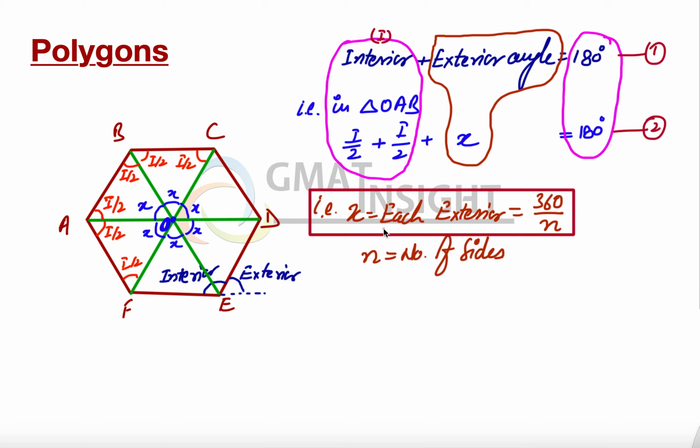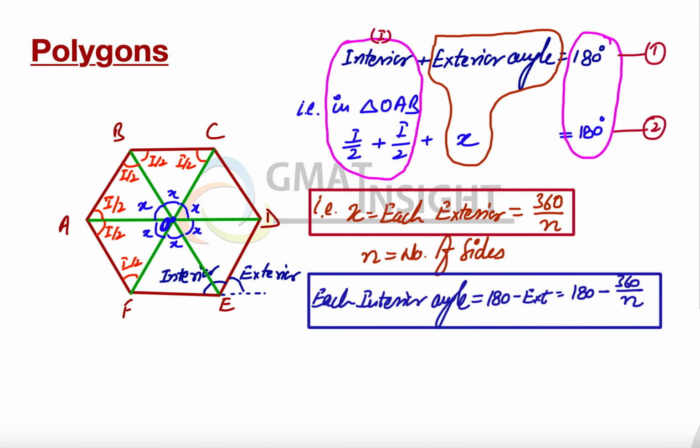But from here, we can proceed quickly and find out the value of each interior angle as well, because we already understand that the sum of interior and exterior angles is equal to 180 degrees. That means the value of each interior angle can be called 180 minus the exterior angle, which is 180 minus 360 over n. So once we have this angle, we can calculate the interior angle immediately, which once again is very useful.